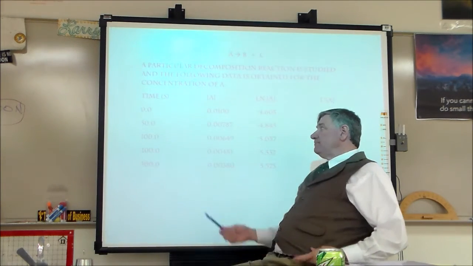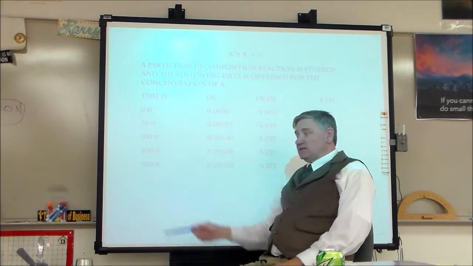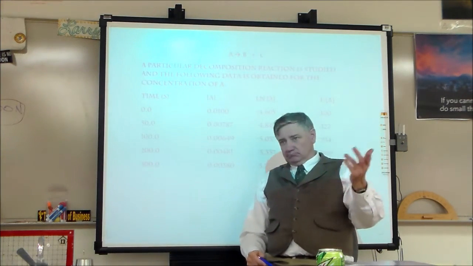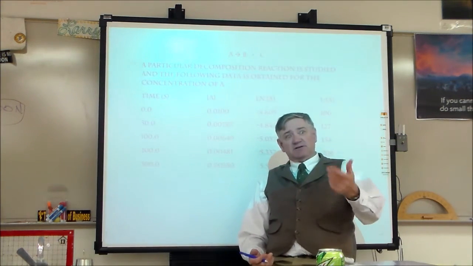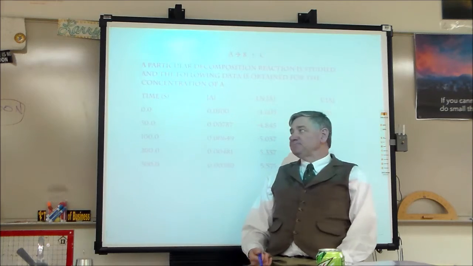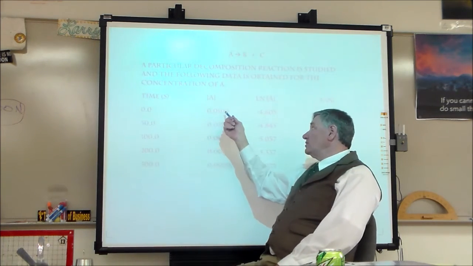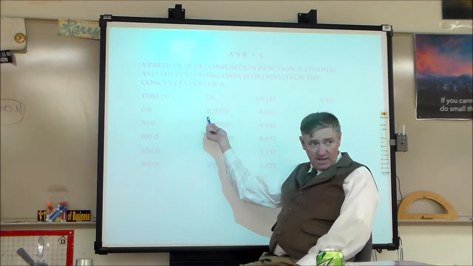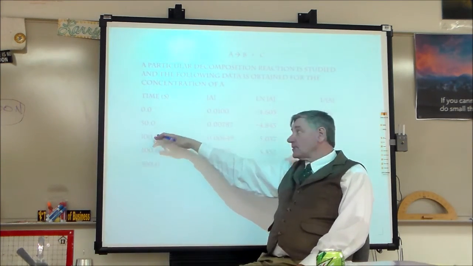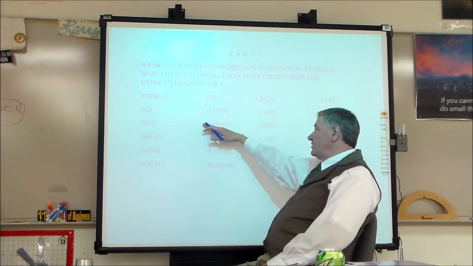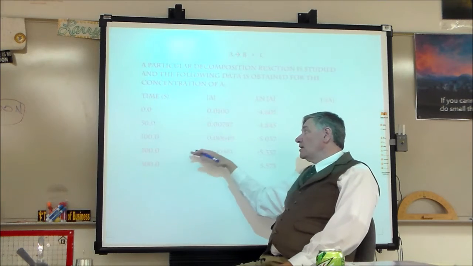What we've done is develop the capacity to measure time. No big deal, we're going to have a stopwatch. When you do this lab, you're going to have a stopwatch and you go, start, here we go. At time 0, you're going to know the initial concentration of A. Then 50 seconds later, the concentration of A has dropped to 0.00787.